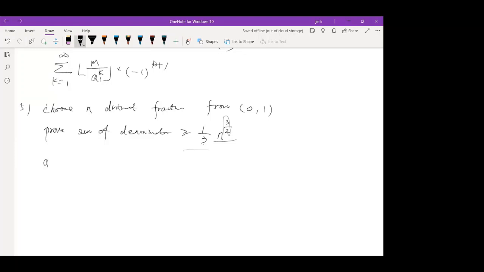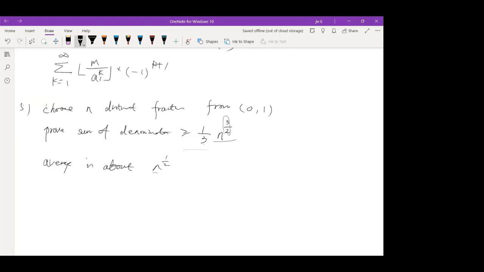So that means the average, divided by n, is about square root n. Think about this.